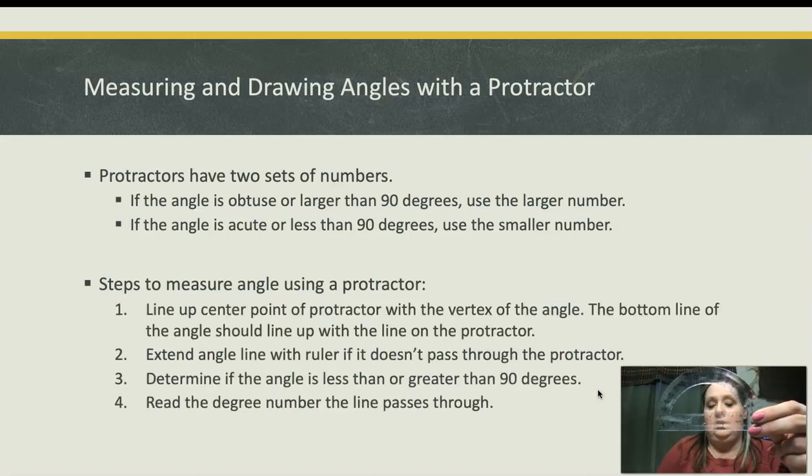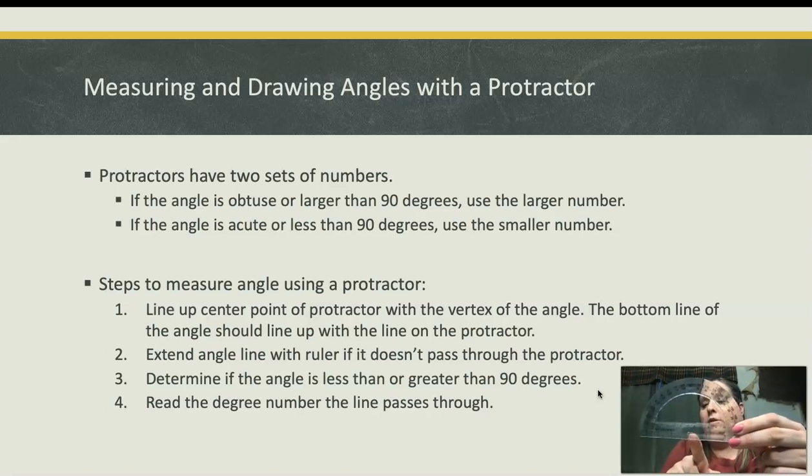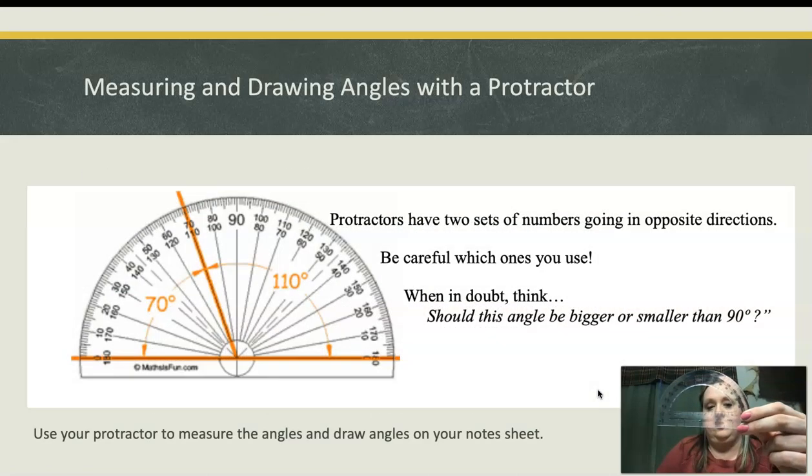So in order to do this, on this protractor, the vertex of the angle would go here with the line lining up with the line that's on here. And then wherever the angle line passes through is what you're going to read. So now here's one you can actually see on the screen. There's two sets of numbers going in opposite directions.